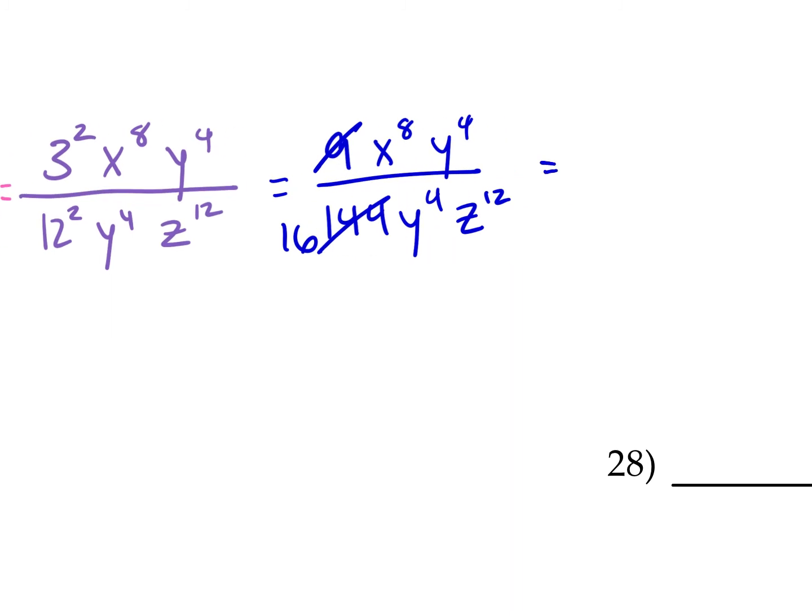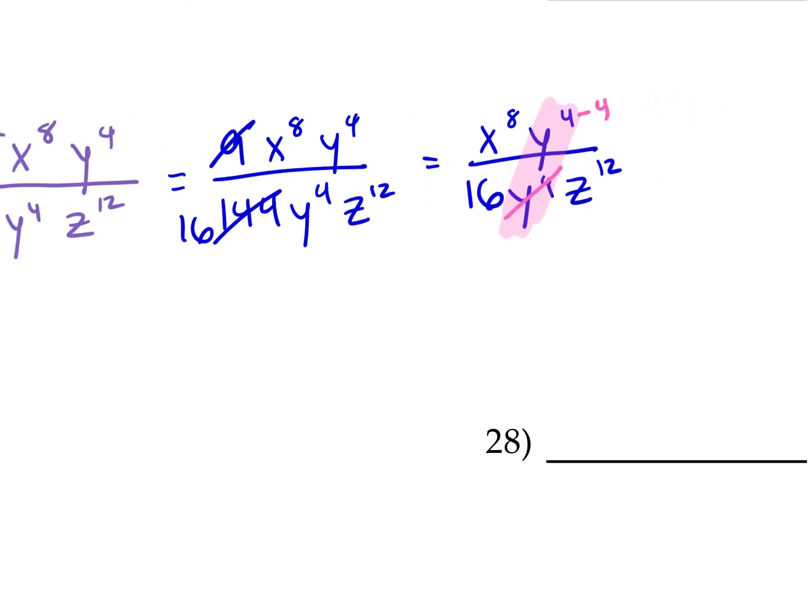So I have x to the 8th power, y to the 4th power, over 16, y to the 4th power, z to the 12th power. Am I done yet? No. I still have y's. So how do I simplify the y's? Subtract. So 4 minus 4. What's 4 minus 4? 0.